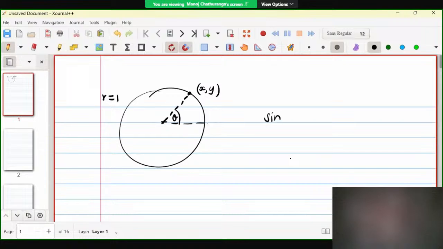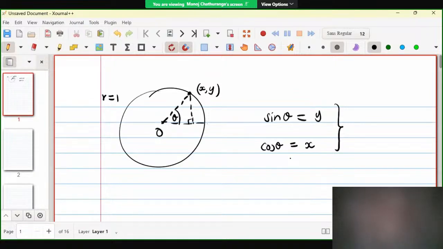Then sine theta is the opposite side, which is this vertical height, so the y coordinate. Cosine theta is the adjacent side, whose length will be a length on the x-axis. So this is basically what the definition is.